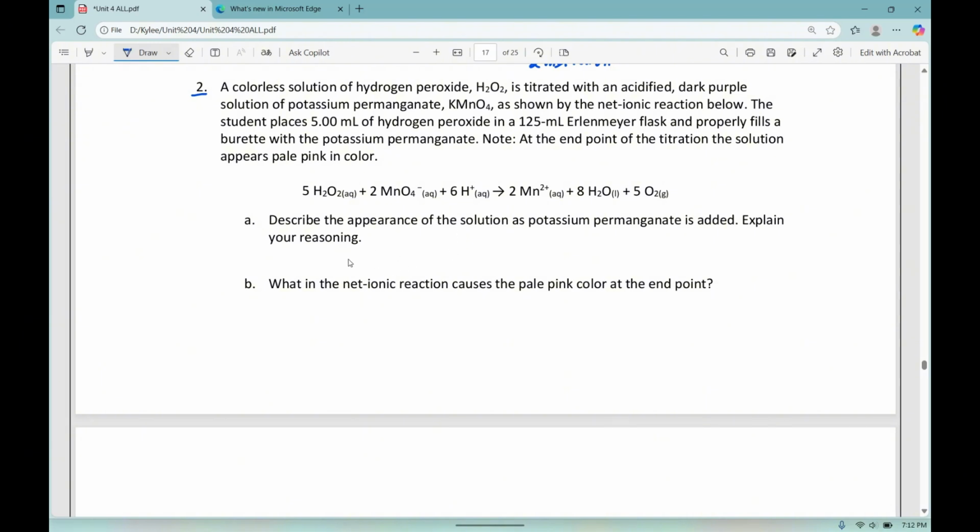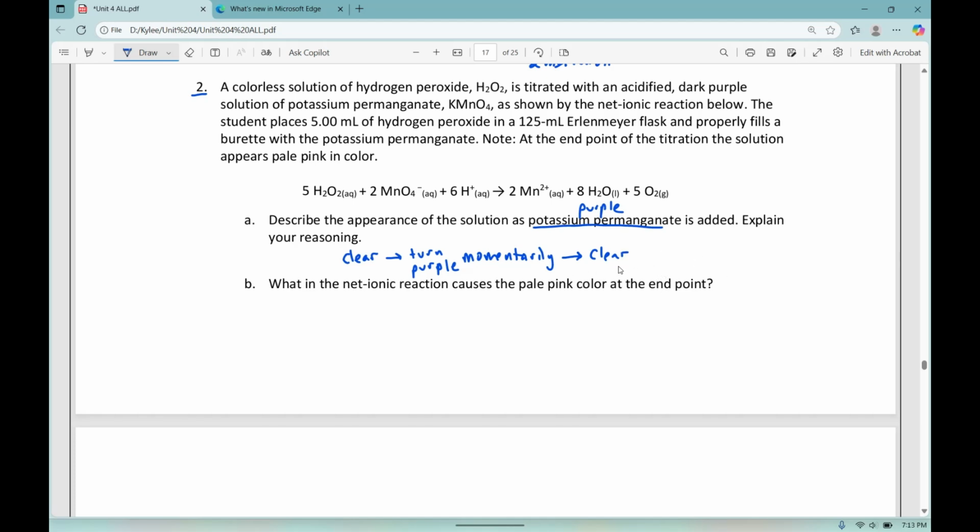Originally it's going to be clear because hydrogen peroxide is clear. And as I add my potassium permanganate, that's a purple color, it's going to start as clear. Then as I add some drops of purple, it's going to turn purple, but then the purple goes away and it'll go back to clear.